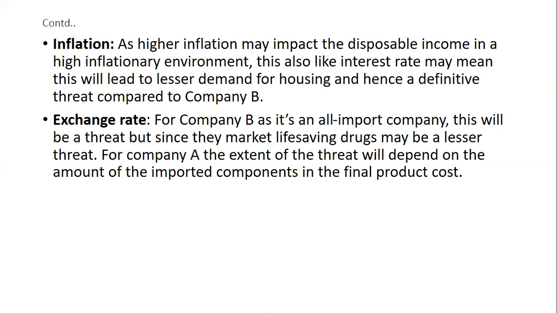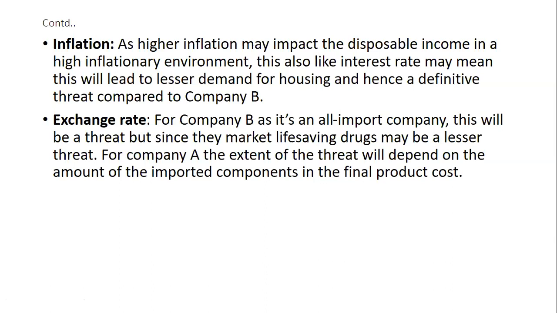Disposable income is the income remaining for you to spend on your essentials. In a high inflationary environment, like interest rates, this will lead to lesser demand for housing and hence a definite threat for Company B.